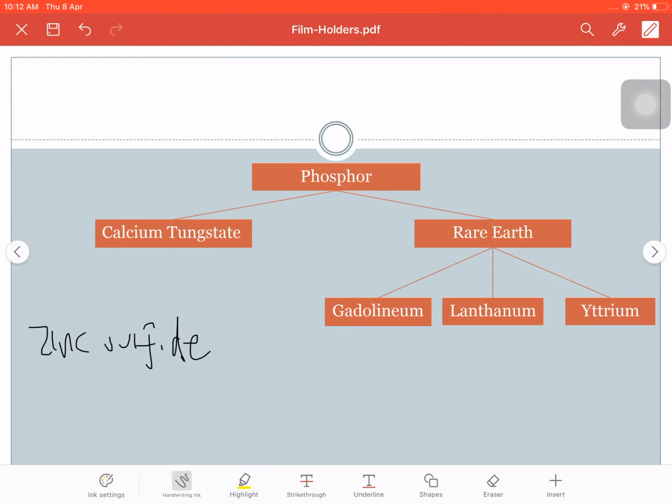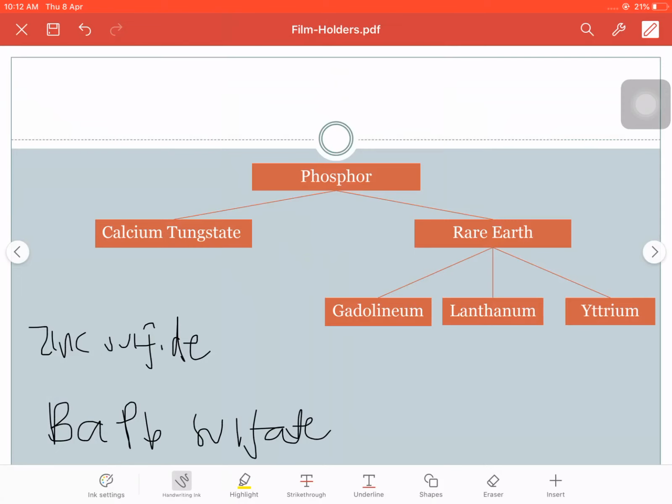Aside from zinc sulfide, we also used barium lead sulfate. Barium lead sulfate is used as a phosphor with a high kVp technique that is used to decrease the patient dose.